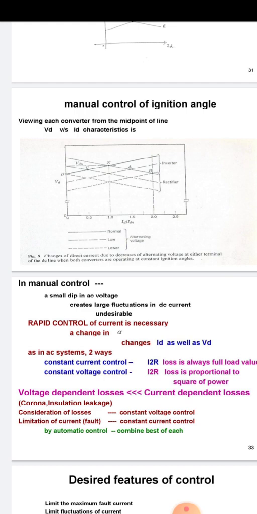The voltage dependent losses and current dependent losses are entirely different, because the current dependent losses are greater than the voltage dependent losses. Considering losses, there are corona losses and insulation leakage losses. Both are constant under voltage control. Under constant voltage control, the limitation of current is a fault. This fault is also a constant current control fault.